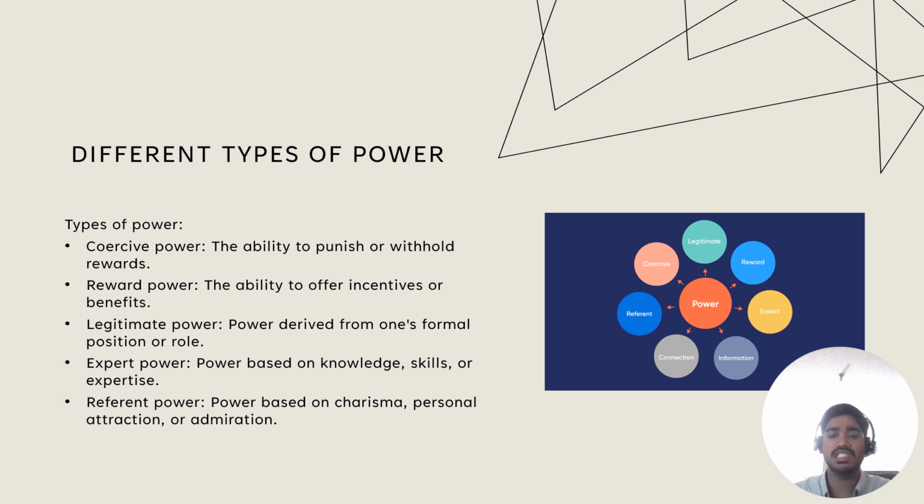Expert power is power based on knowledge and credibility. This is a very valuable form of power which can enhance credibility and influence. Referent power is where you have charisma or personal attraction and admiration. It often fosters loyalty and commitment, and this is a type of power where everyone would like to be.